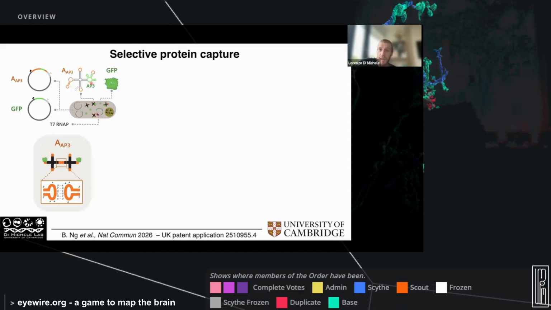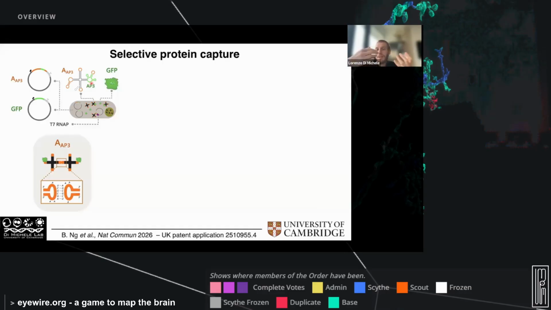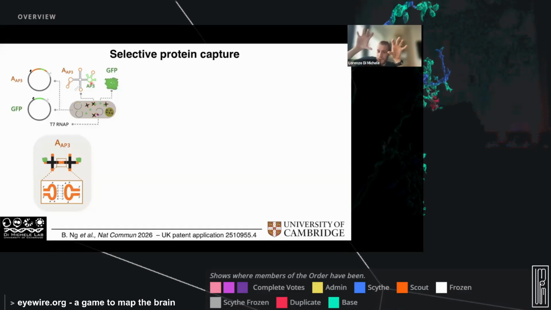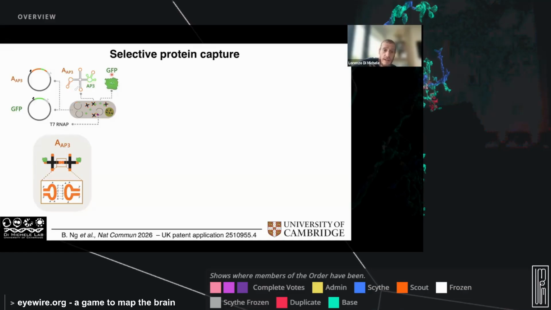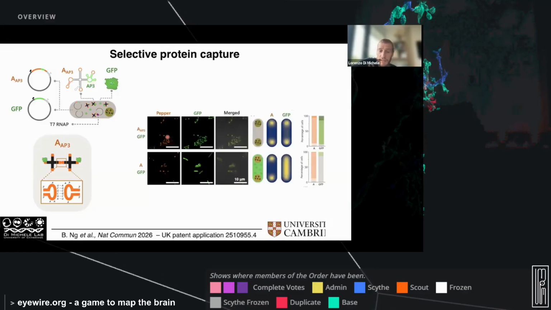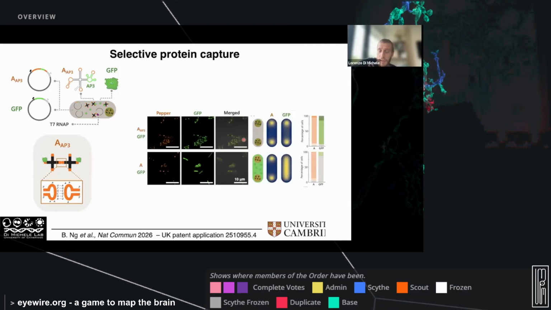We believe that this removes the extra step that you need to work out for the aptamer and the nanostar binding. So when you express this aptamer-containing nanostar in presence of GFP, you can see that the GFP gets captured within the condensates.